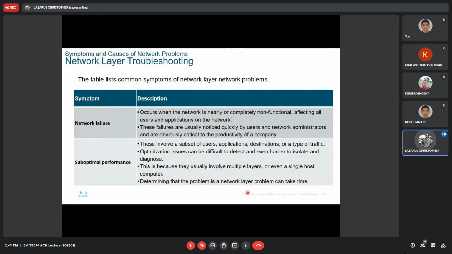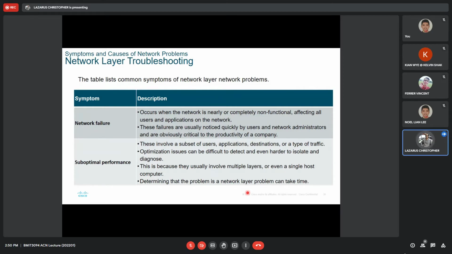Right, so what about network layer problems? If there's a network failure and you determine that it's a network layer problem, it will affect all users and all applications, because users and applications work with IP addresses.